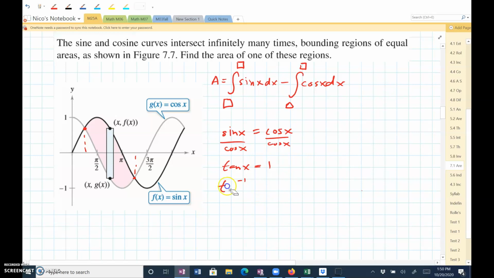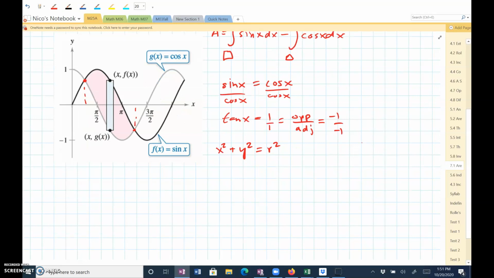We could think of this as being opposite over adjacent.